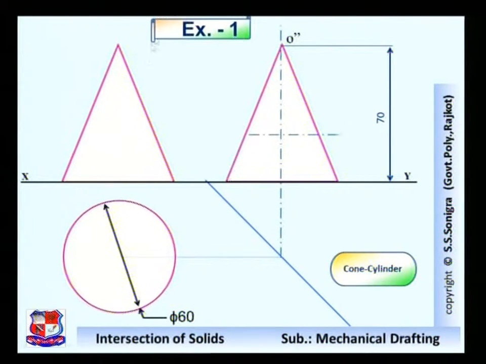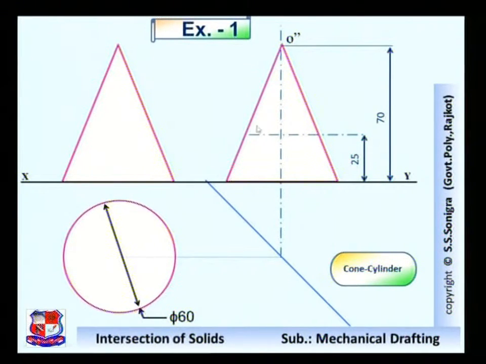Now locate the apex point O double dash of this cone. Now it is given that the axis of the horizontal cylinder is 25 mm above the XY line. So above the XY line, at a distance of 25 mm, mark a line or axis.